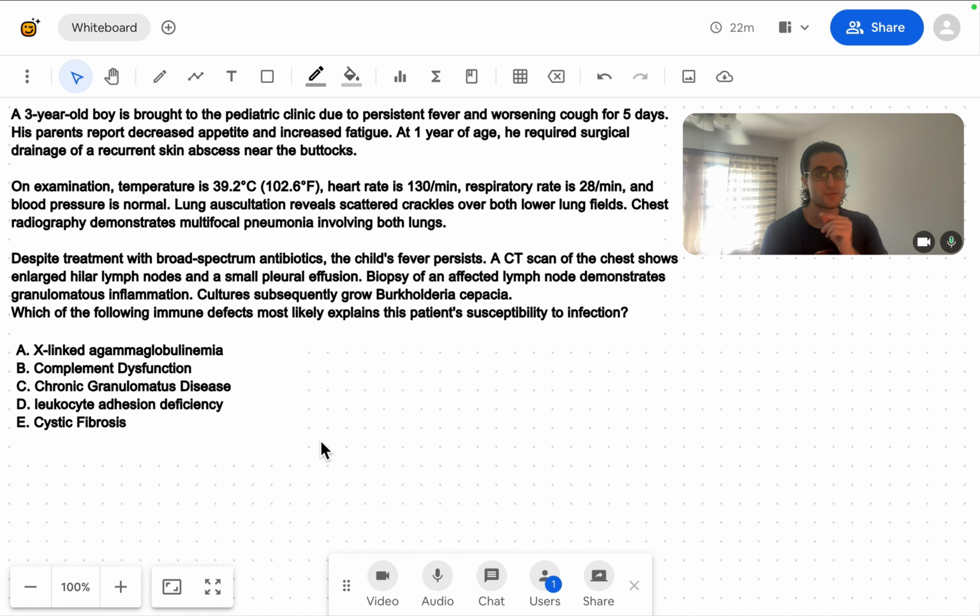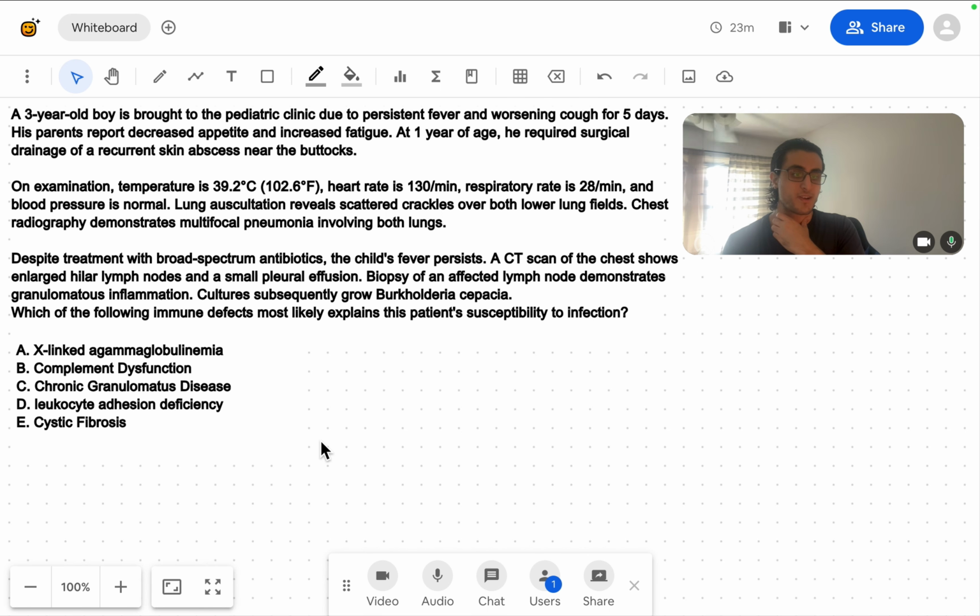And also for both A and B, we won't see granuloma formation. So when you look at the biopsies for X-linked agammaglobulinemia and for complement dysfunction, we don't see granuloma production. So I'm gonna say B is also not a good answer choice.